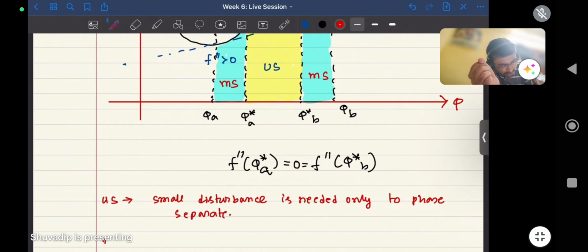In the metastable regime, a large disturbance is required.